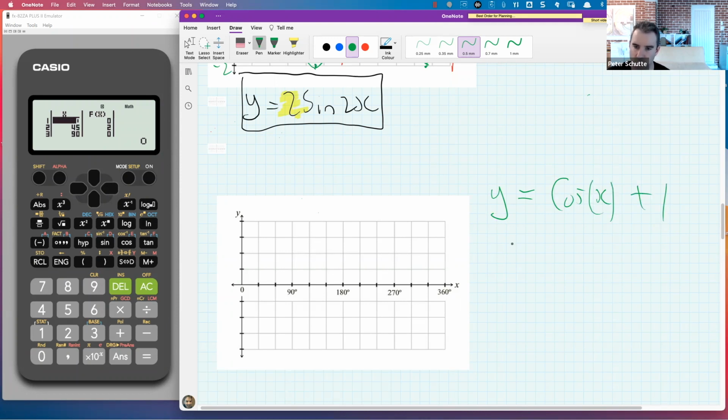I want you to draw that graph on the domain 0 to 360. And if you can put it in the chat, what do you think happens when I notice how I've closed the angle part that relates to the trig function? That's all locked away, and it's an additional plus 1. So I want you to draw the graph for me. And I also want you to tell me what is that plus 1 doing to everything.